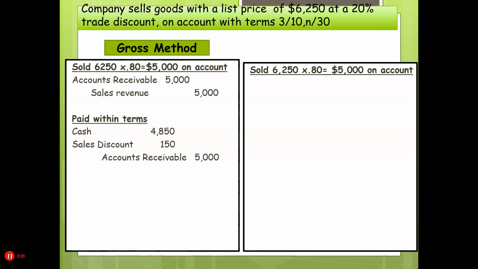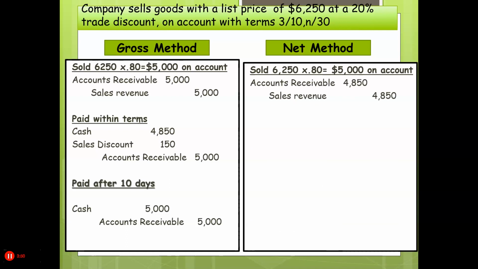So we'd have a sales discount of $5,000 times 3%, because within terms 3/10 net 30 means you get 3% off if you pay within 10 days, but you have to pay the balance in 30. So if they paid after 10 days, that's what it would look like.